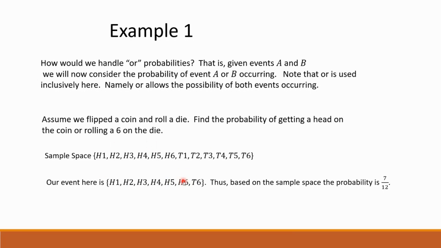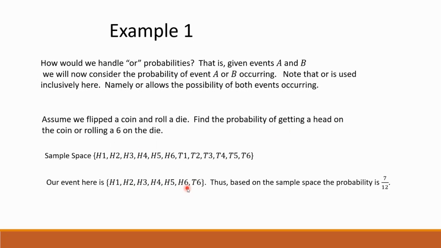So if you're not careful, you might list this twice, H6. If we allowed repetition in a set, H6 would be listed twice because it comes from the coin landing heads up and from rolling a 6 on the die. We don't want that listed twice. We don't want to overcount.